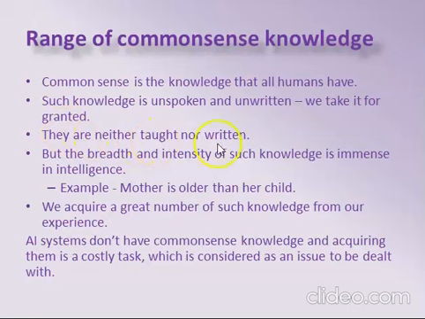It is neither taught nor written. But the breadth and intensity of such knowledge is immense in intelligence. Those who have high common sense will have great intelligence. So intelligent people will have common sense.